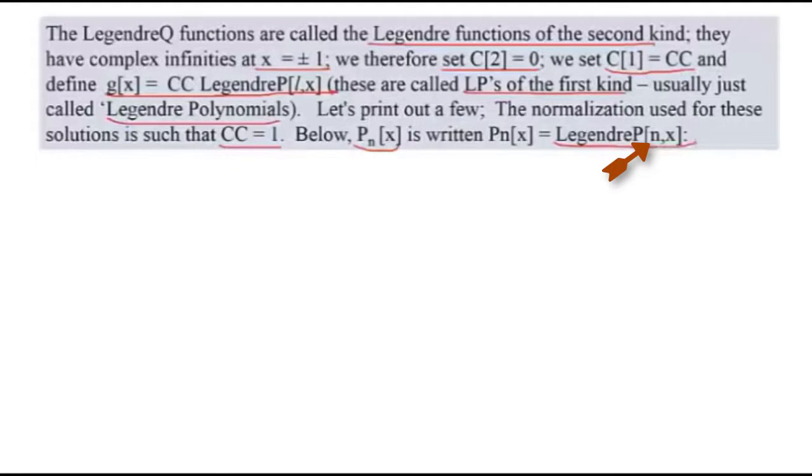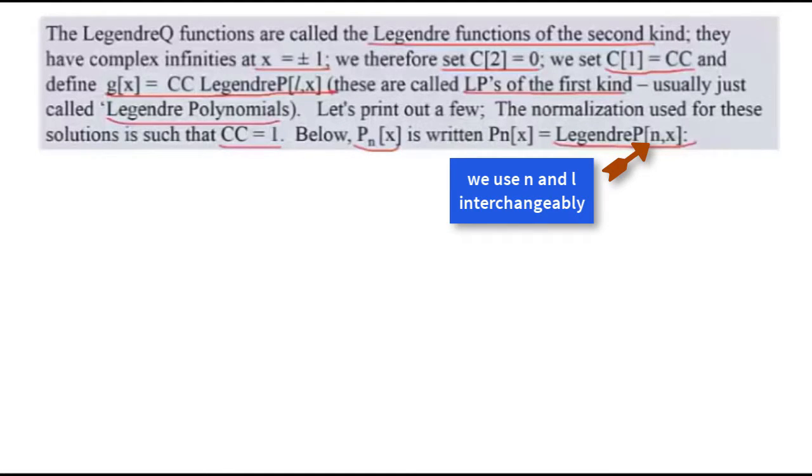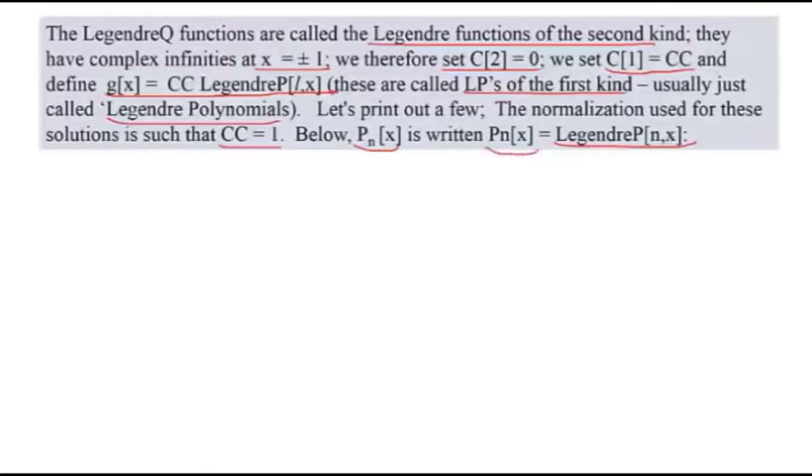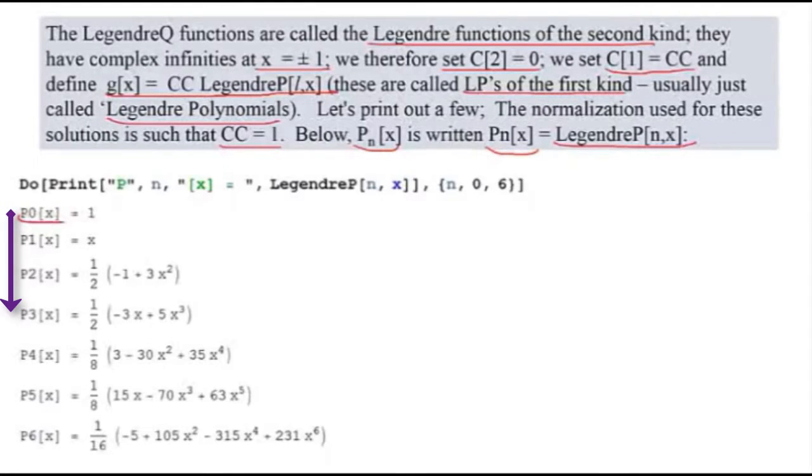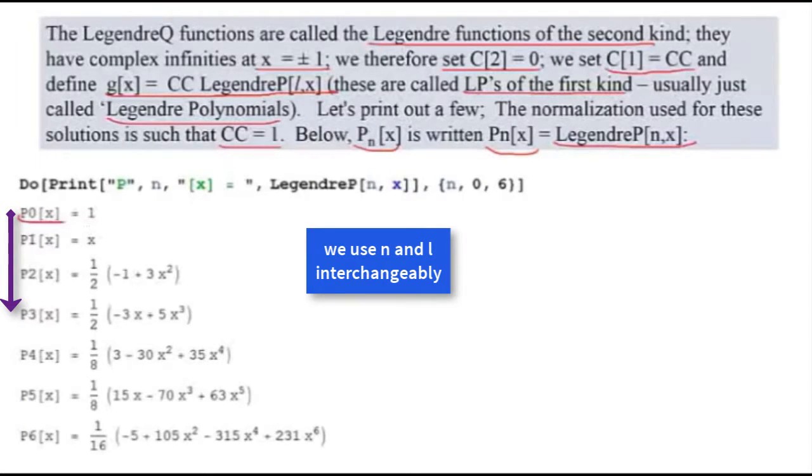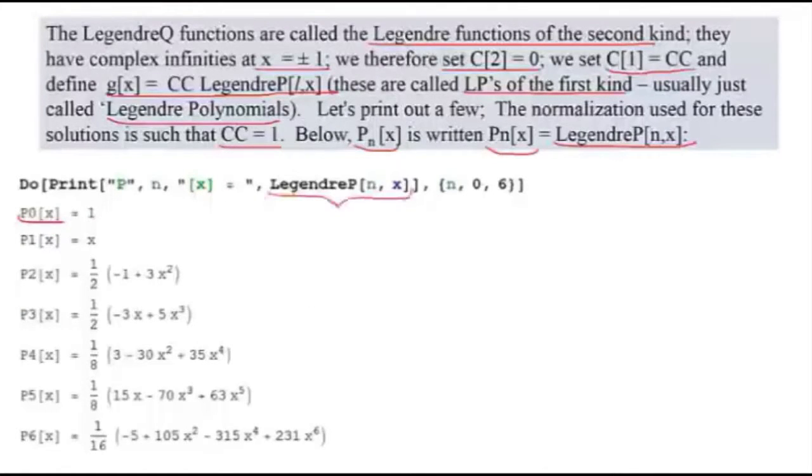This is the order of the Legendre polynomial, which is equal to L, by the way, and x is the cosine theta. We'll also write it as this notation here. The L equals 0, L equals 1, L equals 2 polynomials in x are shown here. And Mathematica has a full understanding and record of what these are, and so they just simply come out as you can see here.